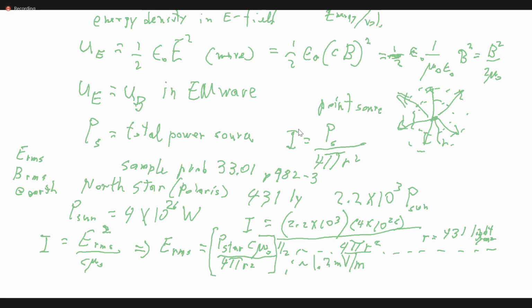You can see Polaris with the naked eye easily enough. But that's the electric field. The magnetic field BRMS is ERMS over C, the speed of light. So that chops it down. In units of magnetic field, it's very small. It's 4.1 picotesla.